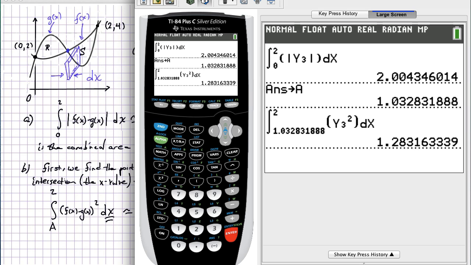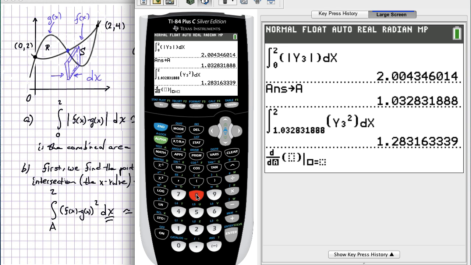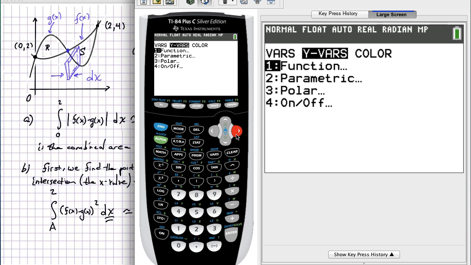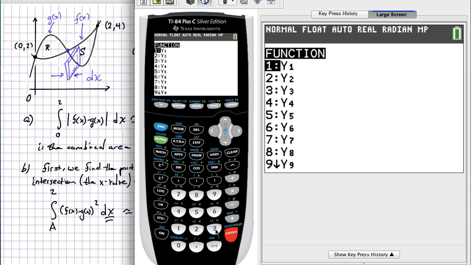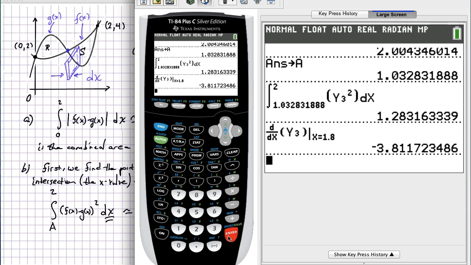So again, go back into the calculator. We'll use the numerical derivative with respect to x. And we're doing that at x equals 1.8. Negative 3.8117.